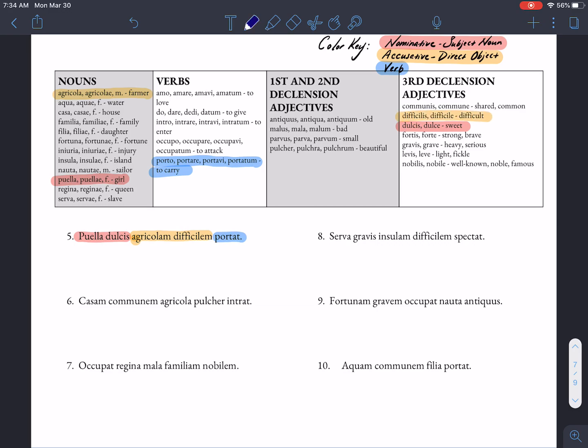So this is our markup. Let's put it all together. The dulcis puella, the sweet girl, portat, carries the difficilem agricolam, the difficult farmer.